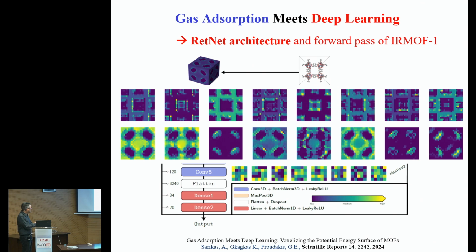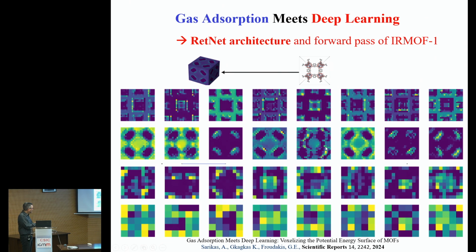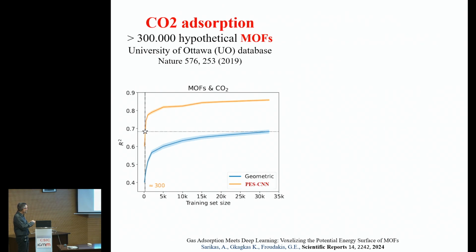You can see in the beginning that you can recognize that we are talking about a MOF, so they're quite similar images, but at the end, when you go deep in the network, you cannot recognize anything. Only the computer can recognize this. How is this working?